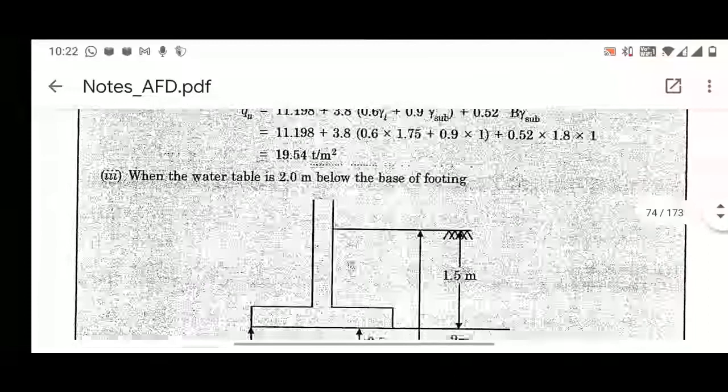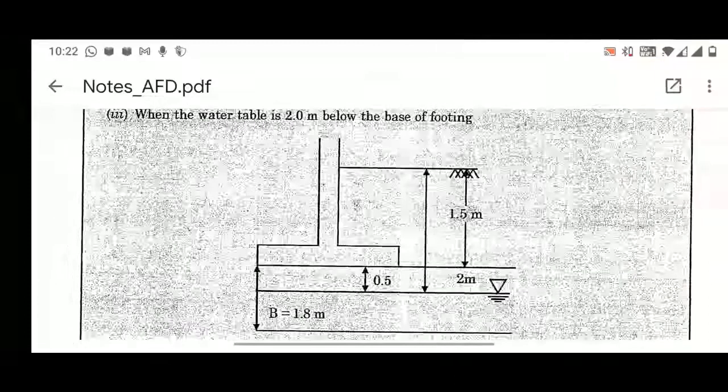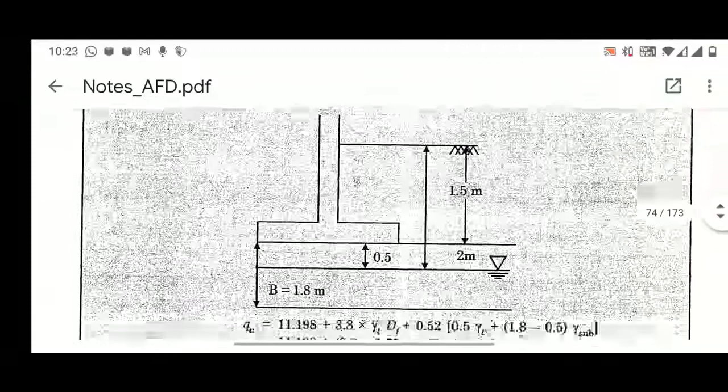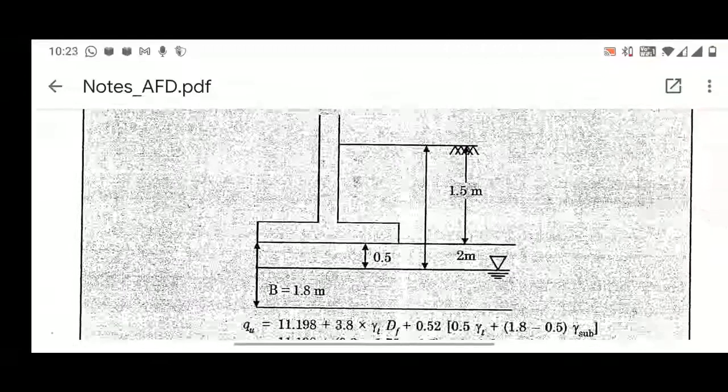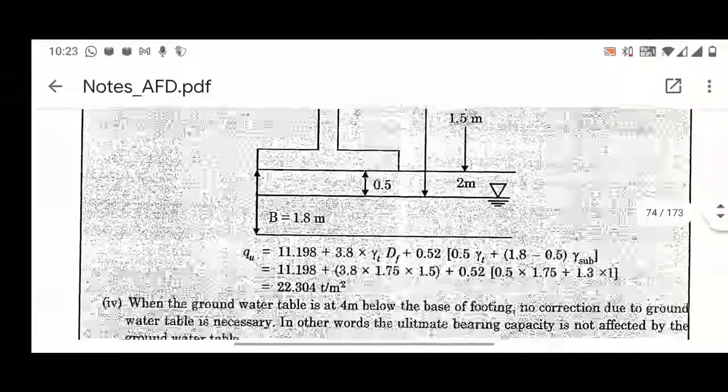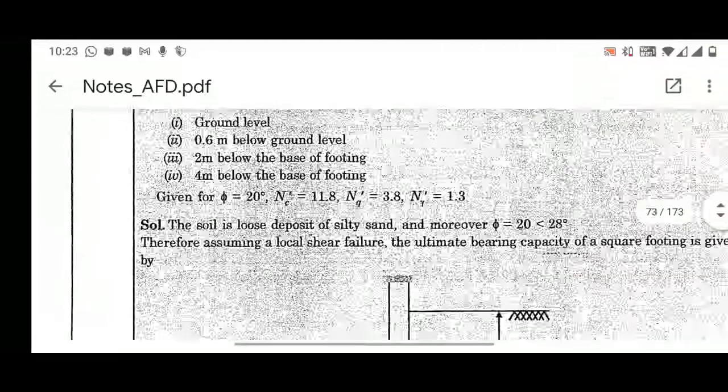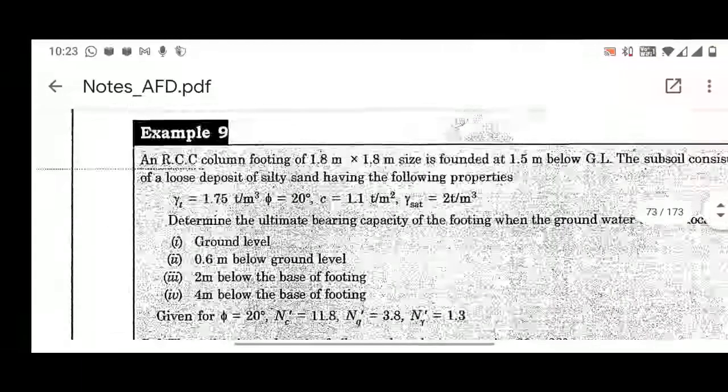To be more specific, let me tell you one more thing. Whenever the water table location is greater than df plus width, there will be no modification for the groundwater table. You can see the depth of foundation is 1.5 meter, right? And the width of the foundation is also provided somewhere, okay, 1.8.